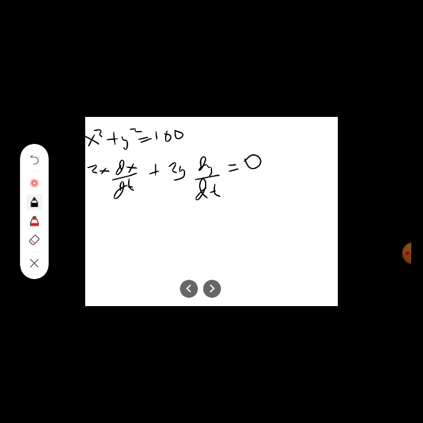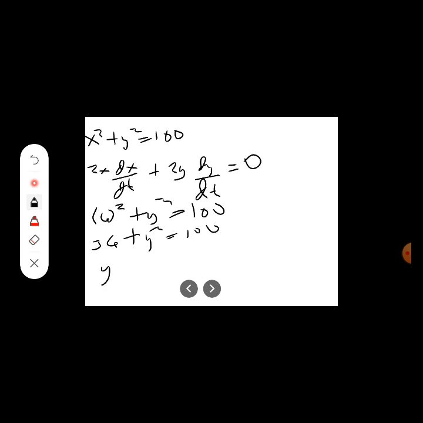Substituting the given values, but first let's solve for the value of y. So 6 squared plus y squared equals 100. 6 squared is 36, plus y squared equals 100.